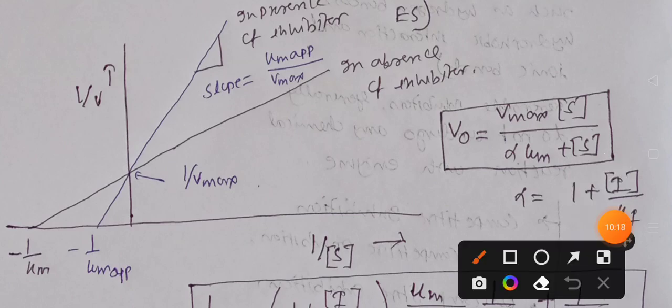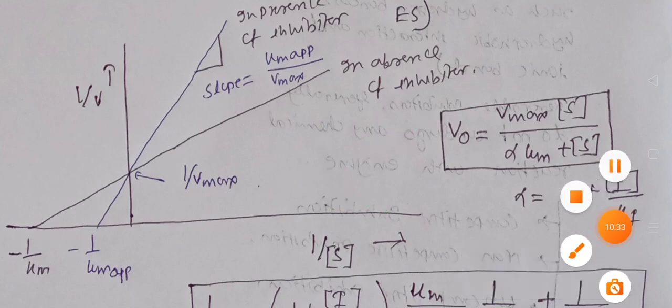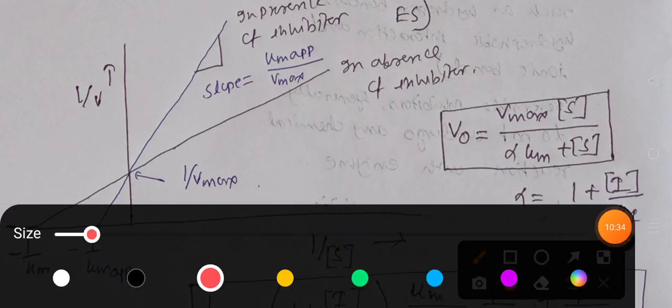Now focus on this. Let's consider minus 1 by Km, which is the intercept for the enzymatic reaction in the absence of inhibitor. Let's consider the value of minus 1 by Km is minus 5. I am changing the color so that you can visualize it well.